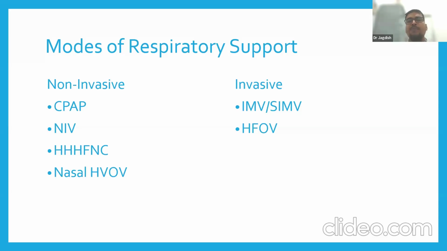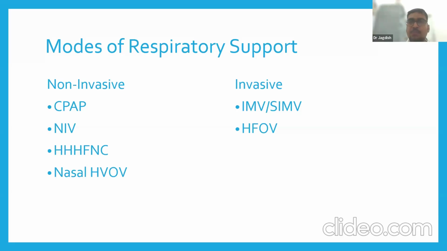In NIV, the same things we set in invasive ventilation: we set the PIP, the PEEP, the rate, and the FiO2. So NIV is nothing but invasive ventilation without an ET tube in situ. Simply we can tell in that manner. But avoid NIV in babies who are in shock or have poor perfusion.